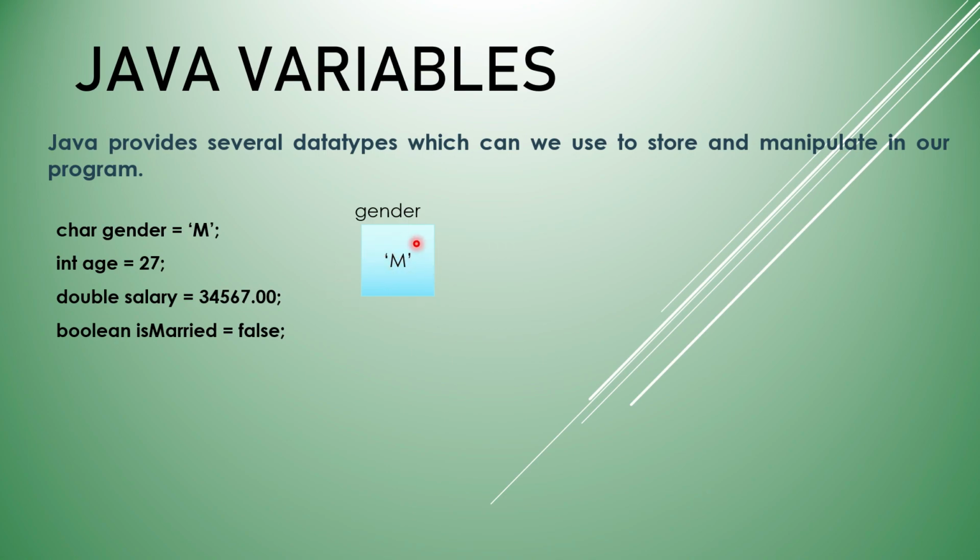This is actually the placeholder or the storage, the space that is occupied, and this is actually the variable of type character. So we can store a character value here, and we can access this memory location, this storage, the variable by its name, the gender. So gender is the identifier for this variable.